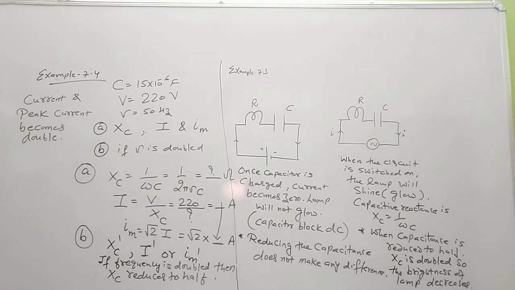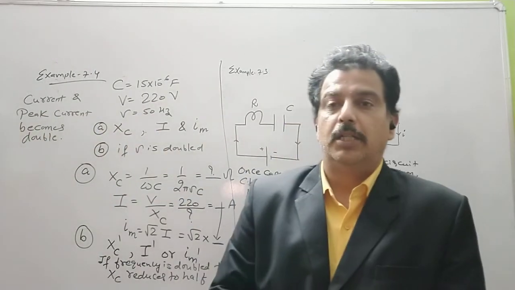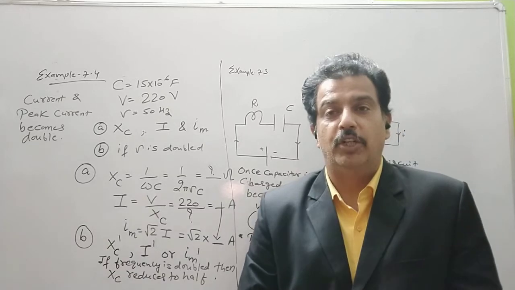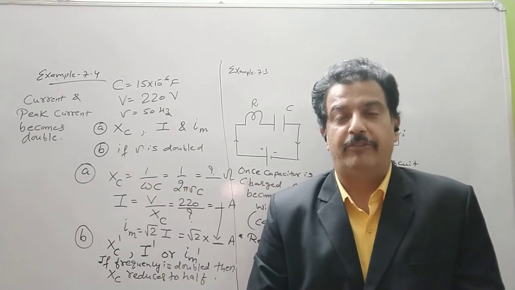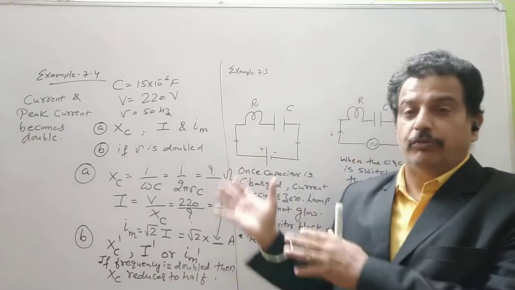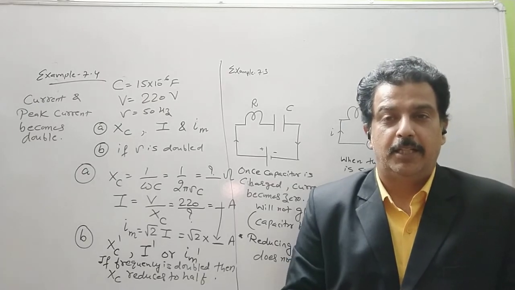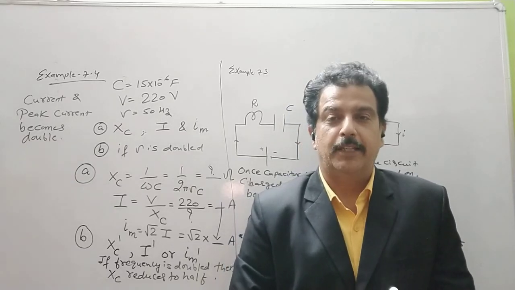So this is example number 4, which is related to a capacitive circuit. In the coming lecture we will do the LCR circuit with the help of a phasor diagram, where we have studied individually the resistance, inductor and capacitor. In a resistive circuit, the voltage and current were in the same phase.